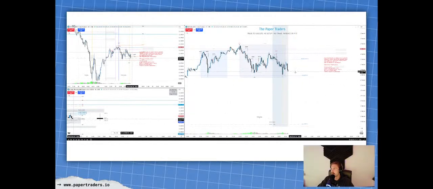Look at that dump right now. Look at that continuation on the hourly.